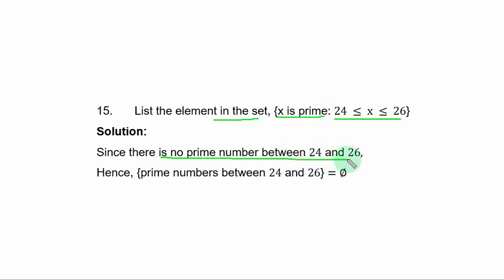A prime is a number that has two factors, 1 and itself. Such a number is not in the given range. Hence, the set of prime numbers between 24 and 26 is an empty set.